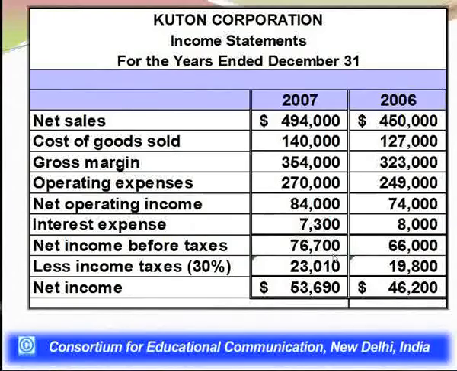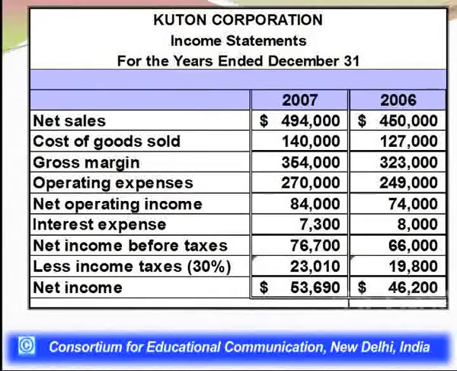So we subtract any taxes payable by the company, which is 30% in this case, so the amount is 30% of this value, which we will be subtracting, and is coming out to be 19,800 for the company in 2006 and 23,010 for 2007.